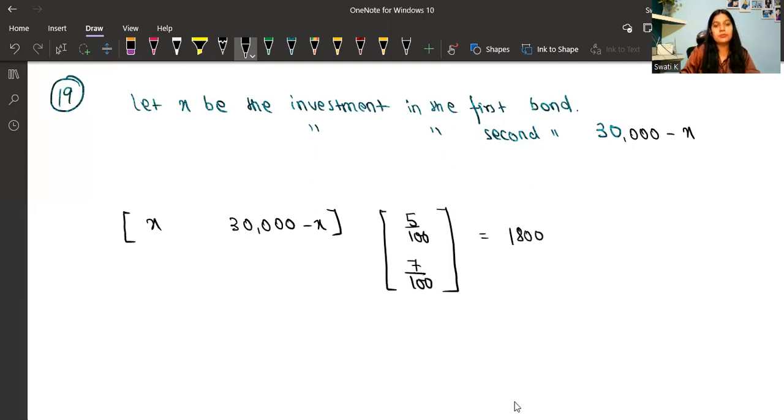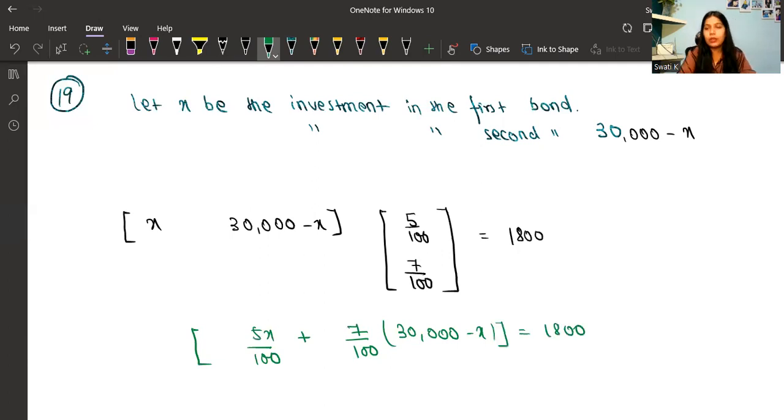If you simplify this, it's very simple. The first row with the first column, so that means 5x upon 100, plus 7 upon 100 times (30,000 minus x), and that is equal to 1,800.